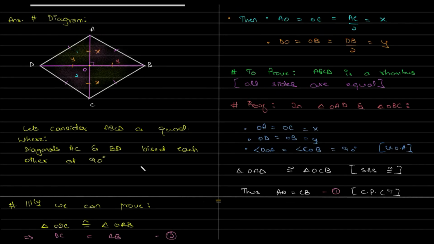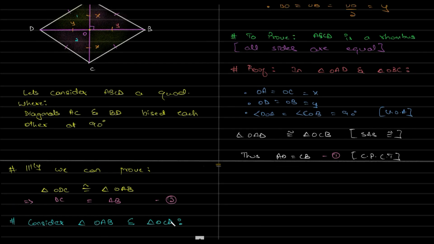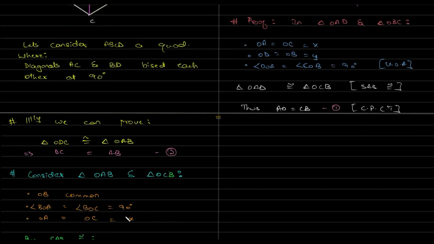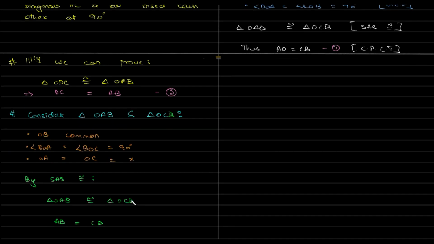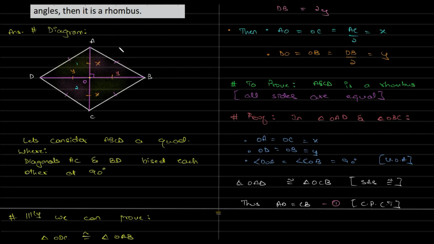Okay, sorry, I wrote it wrong. Now it's correct. OCB. And this too is CB. So AB is equal to CB, and pretty much all the sides are equal to each other.